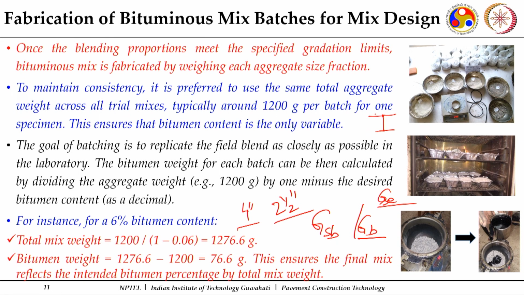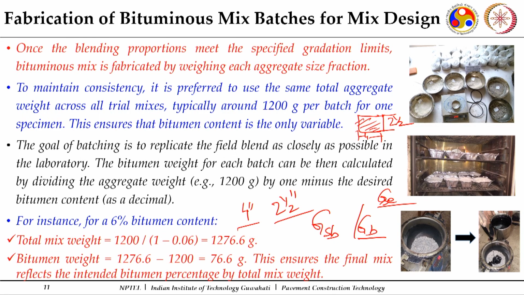So, this is 2.5 inches of height and 4 inches of diameter. For these cylindrical specimens, approximately 1200 gram of aggregates are taken, and we need to do some determinations, especially volumetric measurements, to come to the design of bituminous mixes.